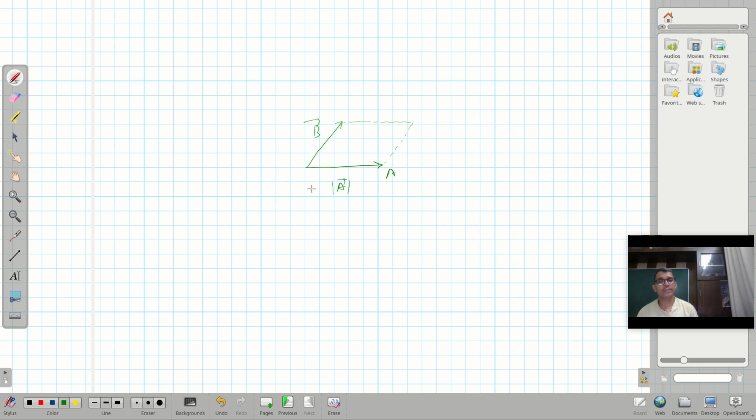The length from here to here is A, and this one is B. This parallelogram is made from the two vectors A and B, so what is its area? Let us call it OPQR.